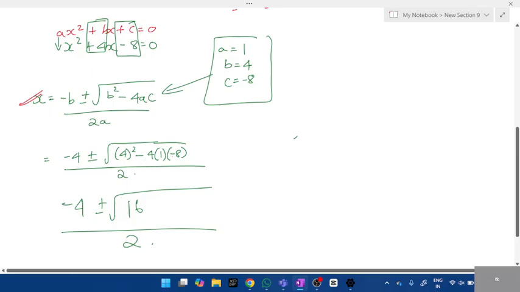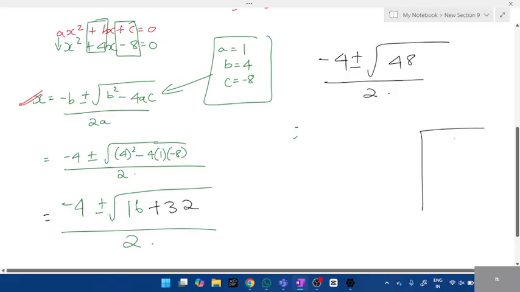What is minus 4 into minus 8, plus 32? So minus 4 plus minus 32 plus 16. Did you get 48? Yes, sir. Okay, find the square root of 48 using the long division method.